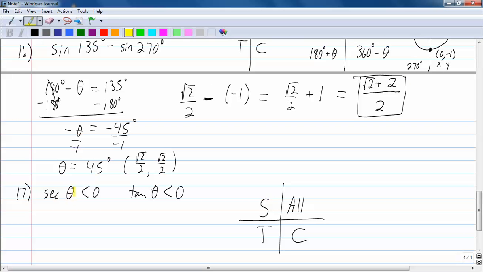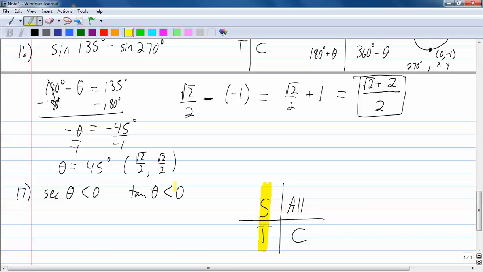Secant is less than 0, so which quadrants is secant negative? There are 2. Secant is positive in the first quadrant and in the same quadrant as its reciprocal, which is cosine. So it's negative in the second and third.